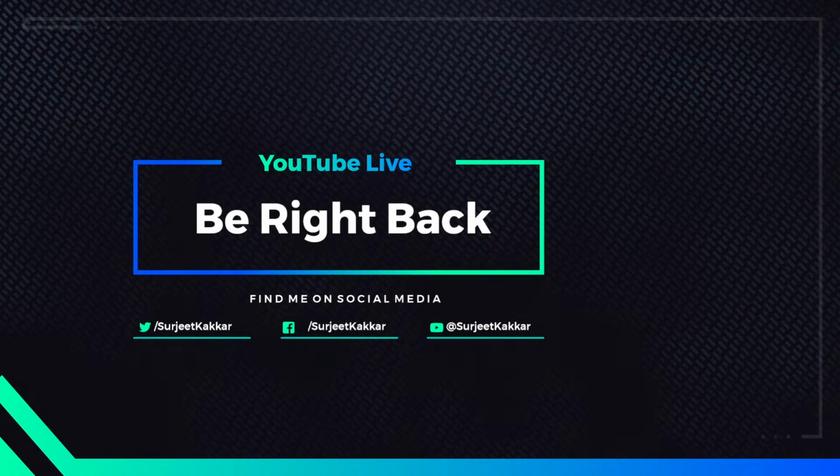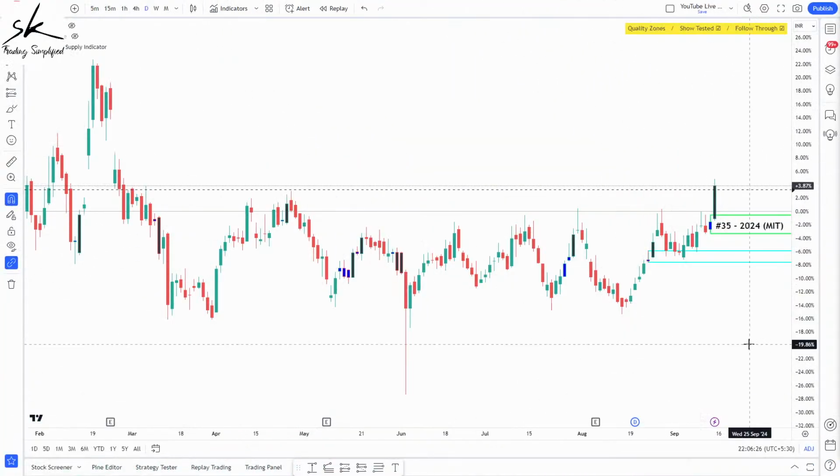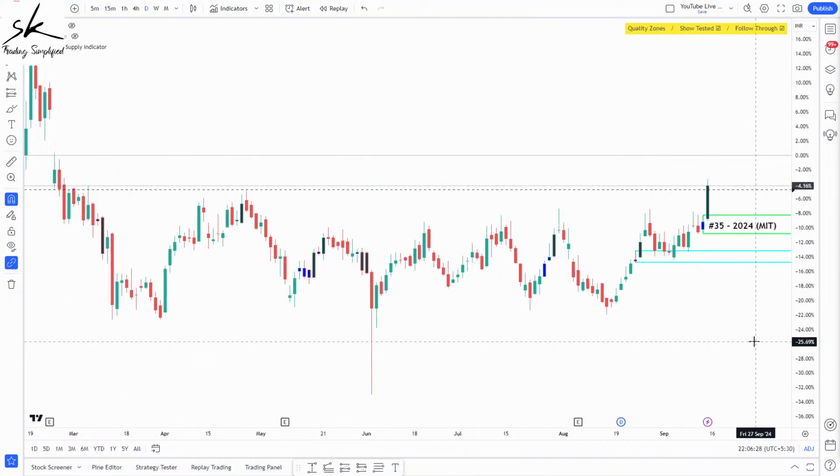And now that we are done with it, we can start with our analysis for today's session. So in today's session, you will see that we will have a zone which is in a way qualified for us, but I'll still show you some modifications which I do. I have shared a similar case some time back.